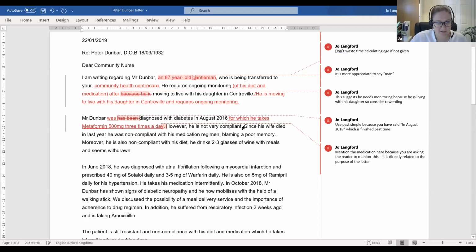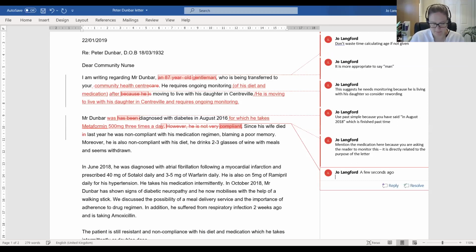However, he's not very compliant. Since his wife died last year, so just last year, he was non-compliant with his medication regimen. So we've kind of got it said twice here, which is not really necessary. So we can just cut out this one here. I'll just add a little note: repetitive. Okay, since his wife died last year, comma.